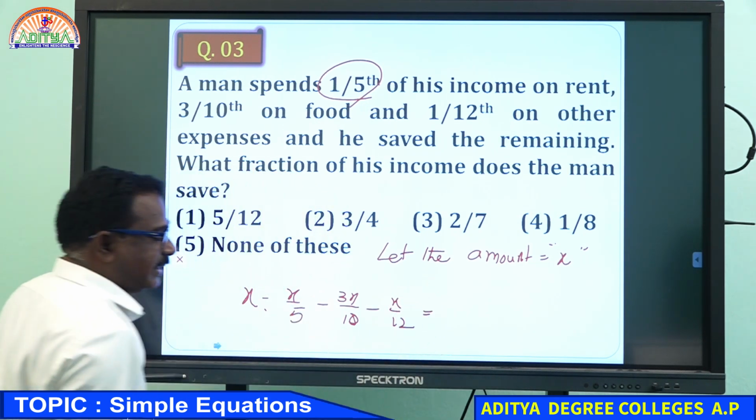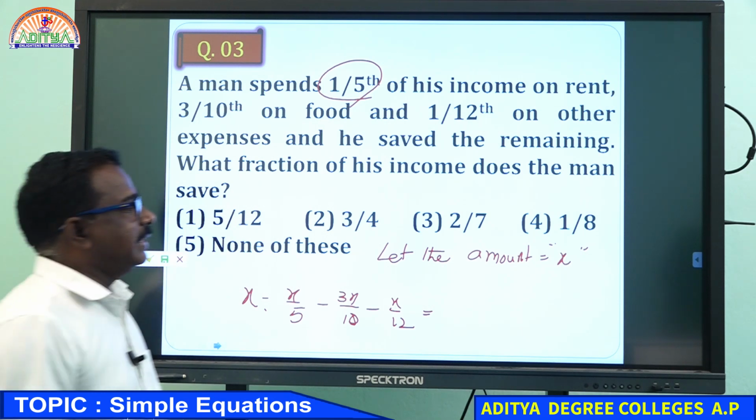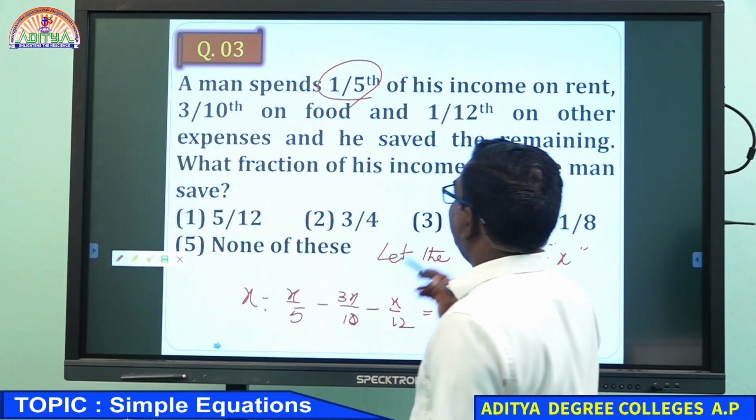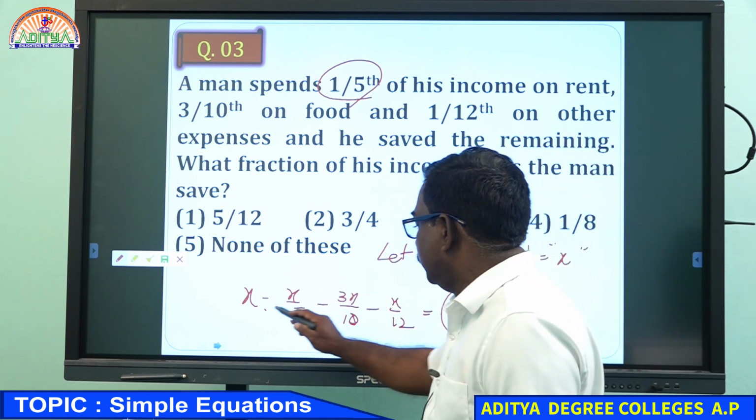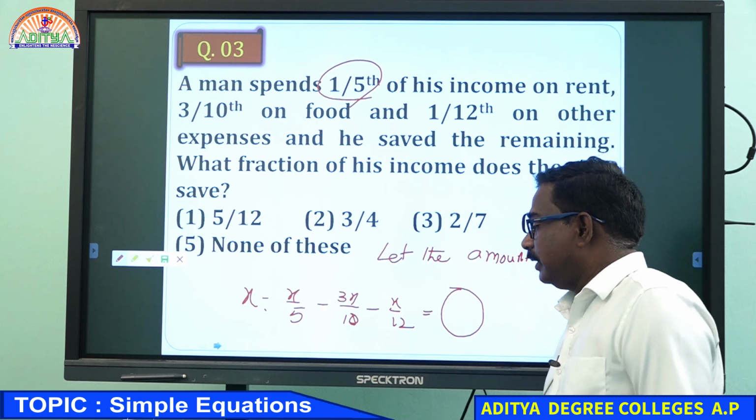Whatever answer you get, that is the total amount. The answer is asked as a fraction. Just solve it, you will get it.